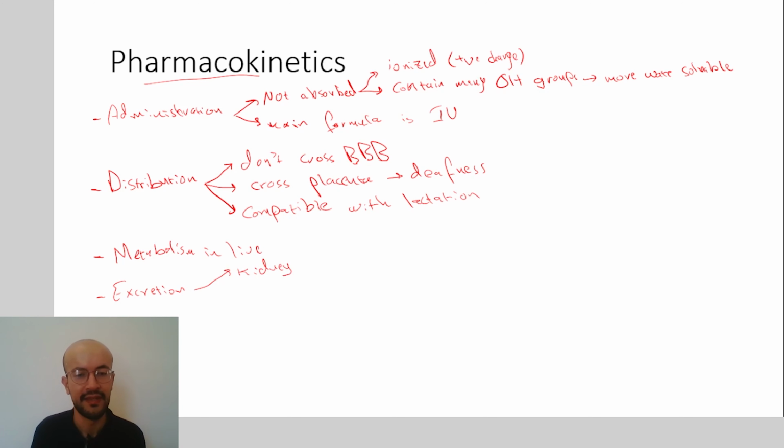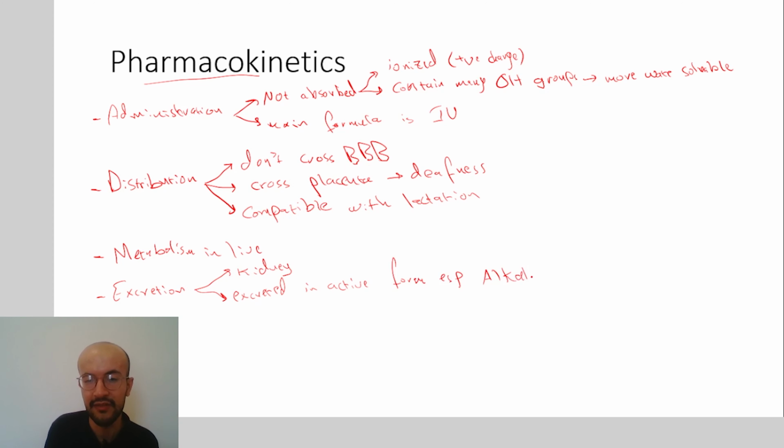The other point is that they are excreted unchanged, in the active form, especially in alkaline urine, and that makes them very good in treating urinary tract infections, good in UTIs.